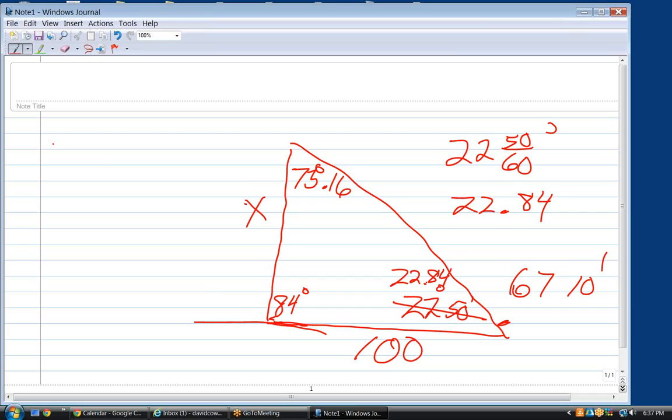Apply the law of sines to this triangle right now. Wouldn't you use the law of cosines? No, because I actually have an angle and its opposite side. That is where you always want to use the law of sines. You use the law of cosines when you don't have that relationship.